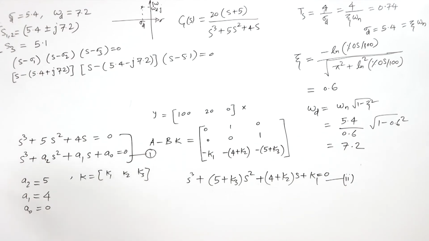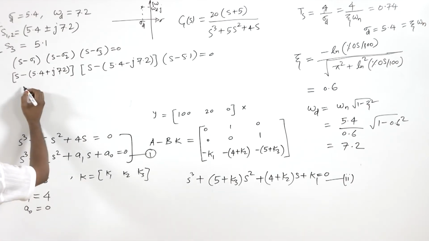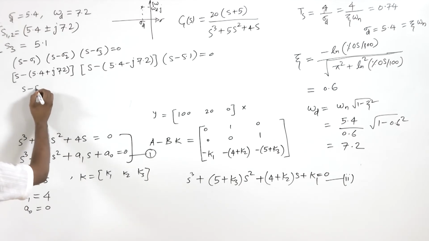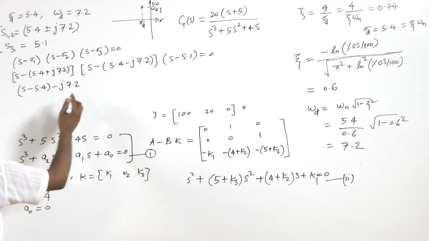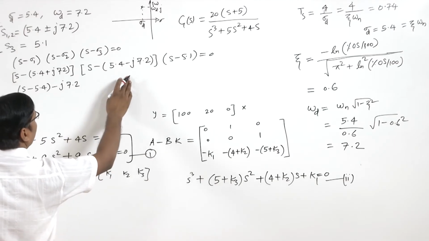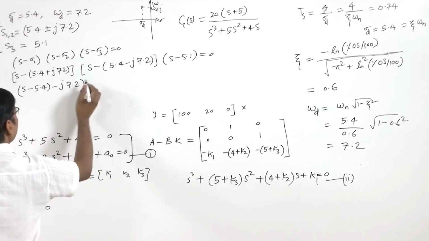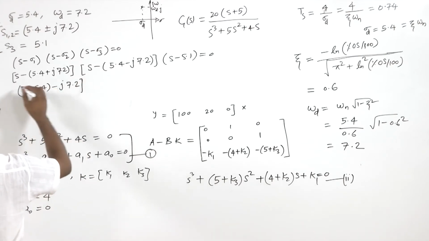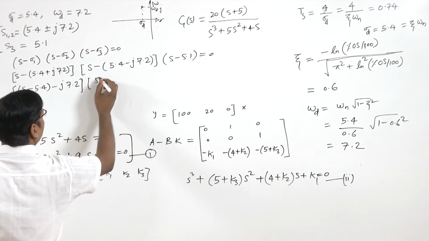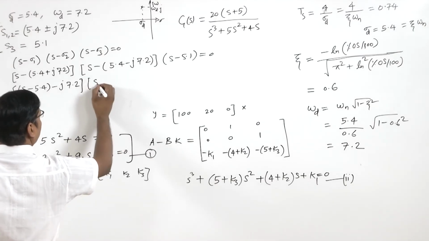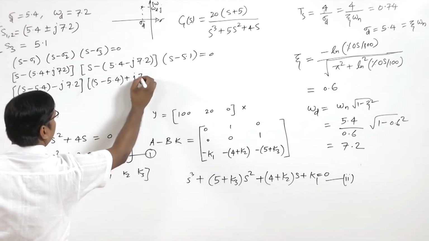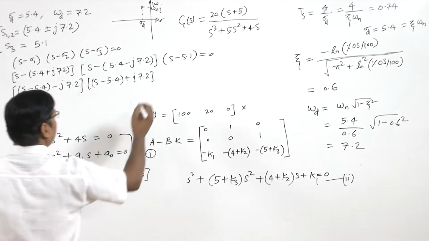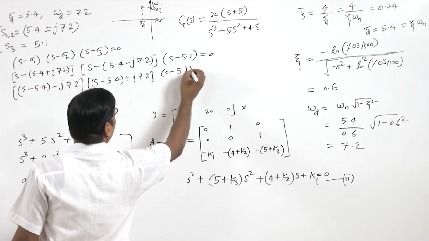So now if we solve this equation, we will obtain this equation as, we can have S minus 5.4 minus j7.2, and this is S minus 5.4 plus j7.2, and this is S minus 5.1 equal to 0.